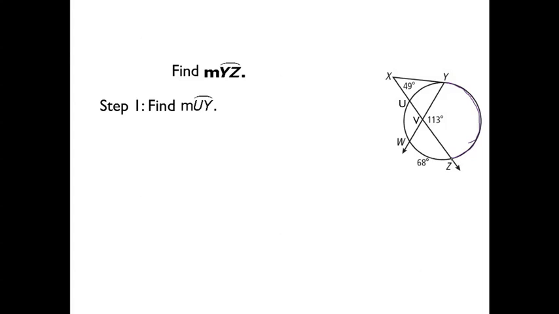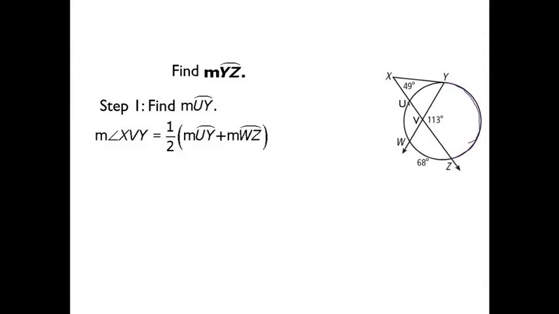Well, what would help me is if I knew the measure of arc UY, because I already have this angle that's outside the circle, 49, so I know that 49 is equal to 1/2 the measure of arc YZ minus the measure of arc UY, using our previous theorem we just talked about. So if I could find a way to get that arc, it would help me.